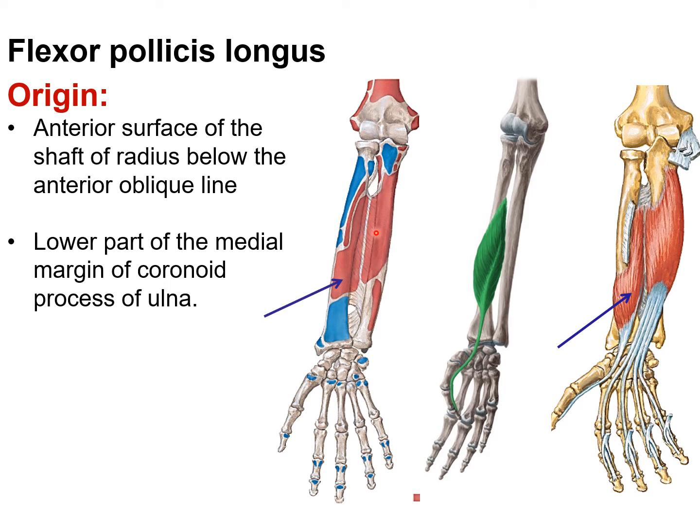Also it arises from the adjoining interosseous membrane and the lower part of the medial margin of the coronoid process of the ulna. So this is the flexor pollicis longus.